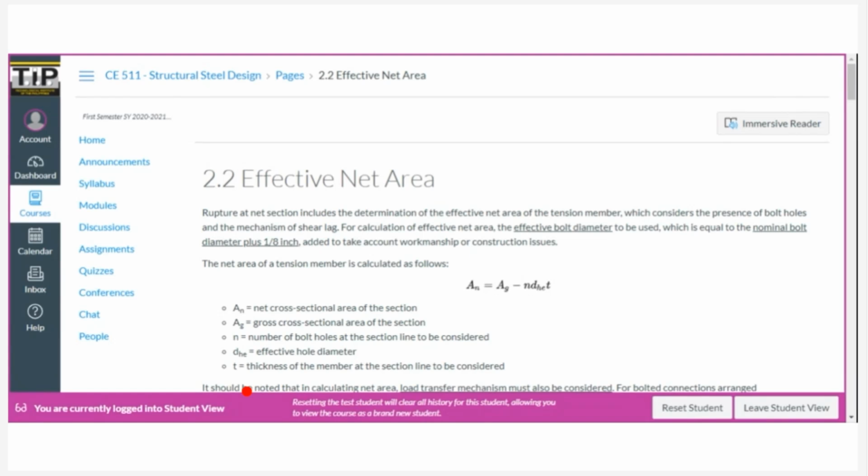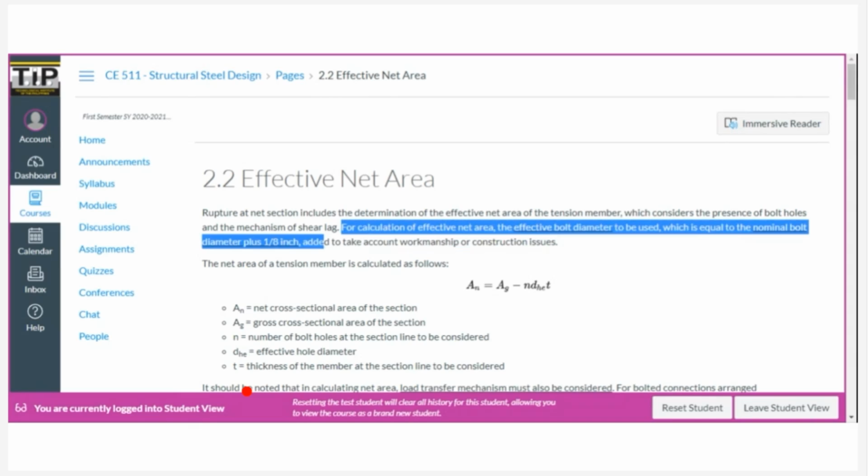So in analysis and design, we also consider oversize of the holes. For the calculation of effective area, we use the effective bolt diameter, which is equal to the nominal bolt diameter, the actual size of the bolt, plus 1/8 inch.